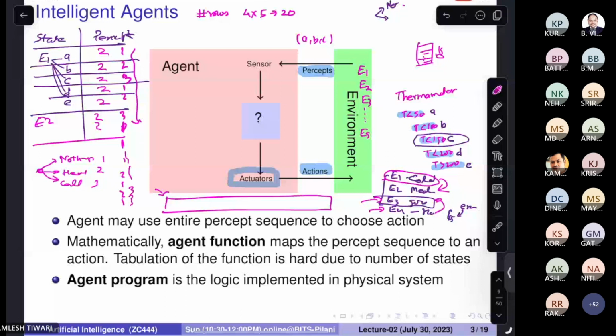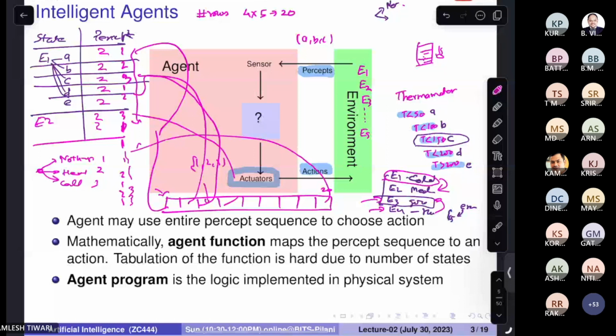If I create a vector of size 20, where content is randomly coming from 1, 2, and 3, and I say that this value is going to be here, this value is going to be here, something like that. So will this be an agent or not?